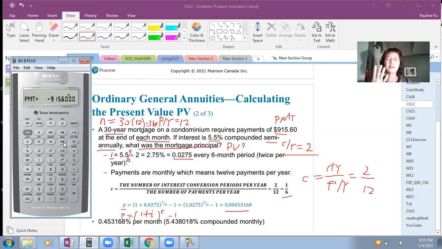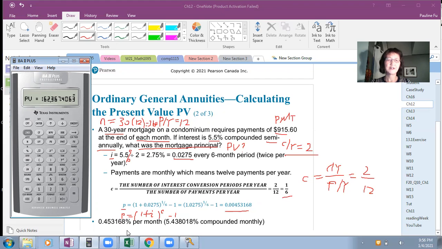Remember, you need to enter 4 numbers in order to calculate the 5th number. So you need to enter 0 as FV as a precaution to clear any previous entries. Final step, compute PV, the same number as we get from the formula. So that is the calculator method.